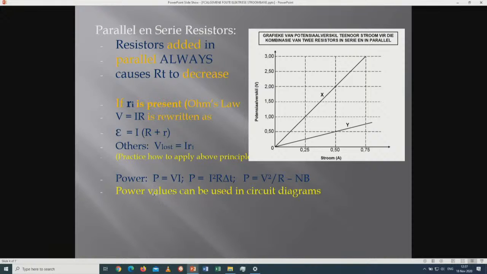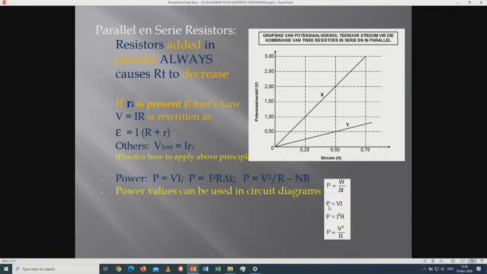So it's very important that these power values can be given to you in an electric circuit, and then these three formulas given on your data sheet, I've copied from the data sheet. These last three formulas you must use.